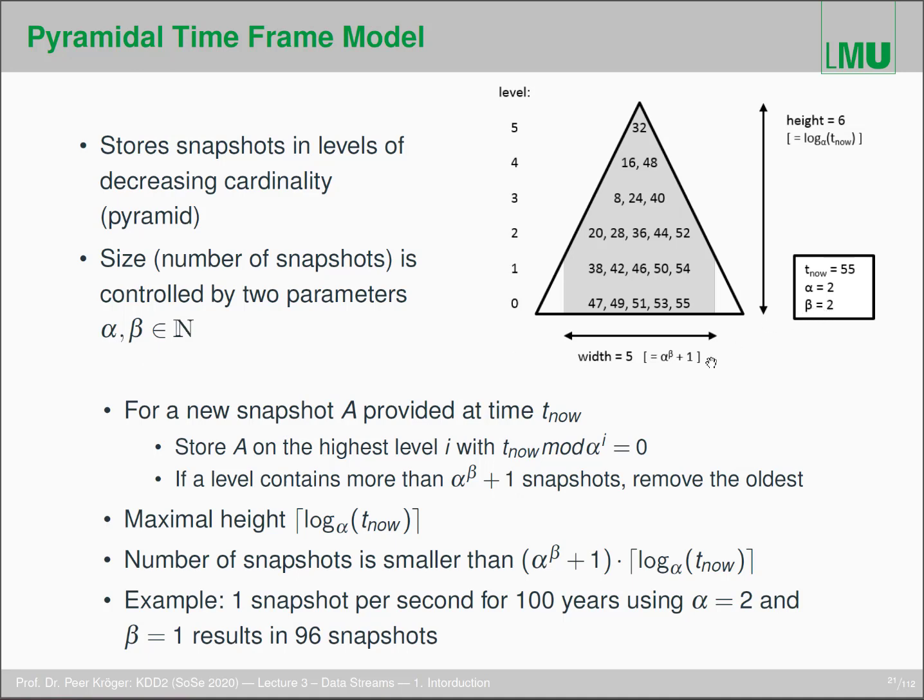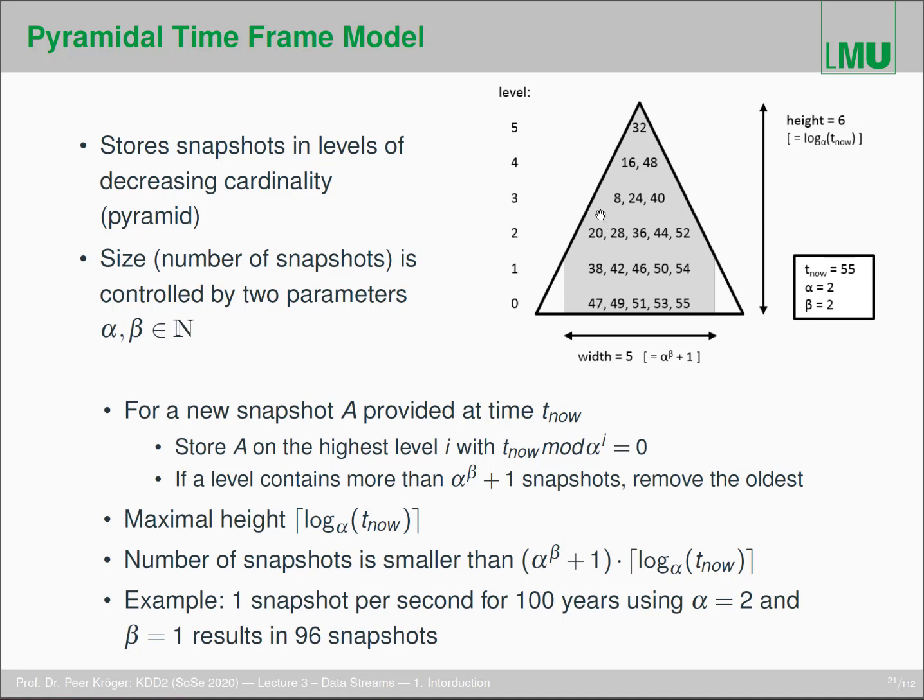In that specific example, if you have alpha equals 2, beta equals 2, you have 2 to the power of 2, which means 4. So the maximal capacity of each level here is 4, plus 1 of course, so at most 5 snapshots per level.